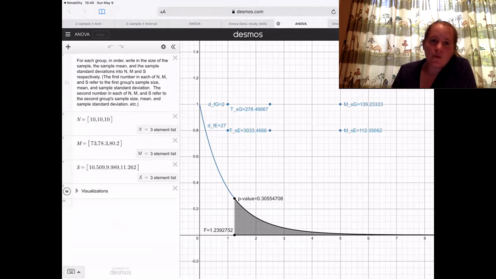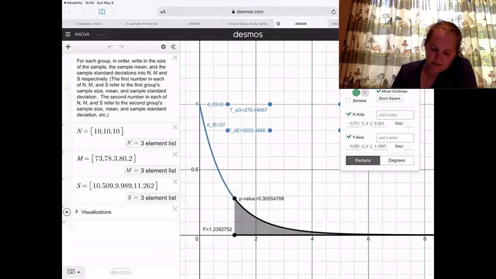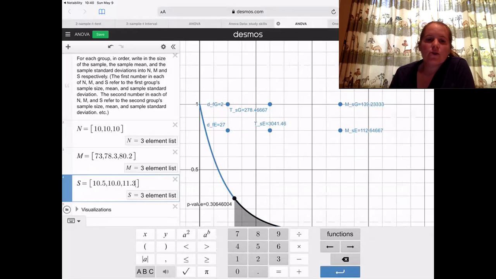I actually did more decimal places than necessary. We can switch it to 10.5, 10.0, and 11.3 to match the notes. So plugging these numbers in, this is exactly how I had recorded the information in that table in our notes.